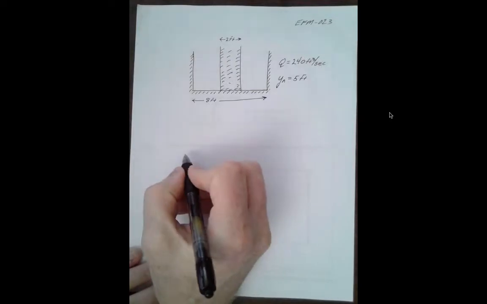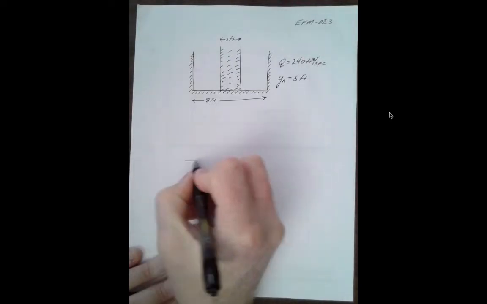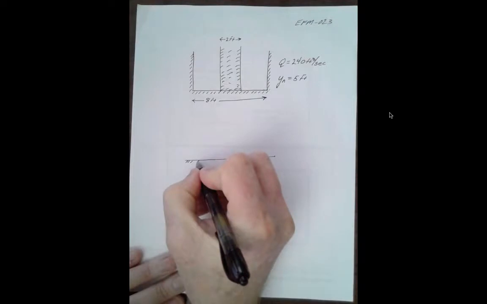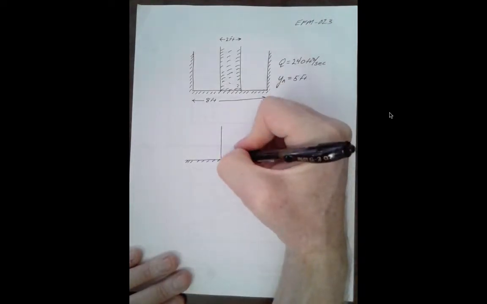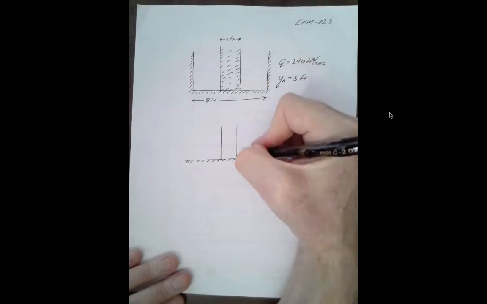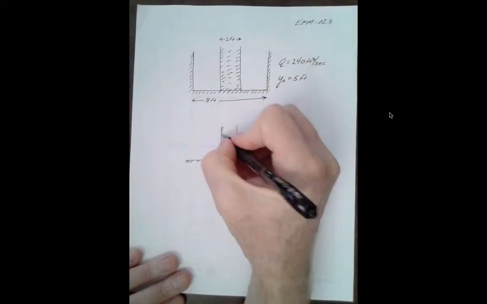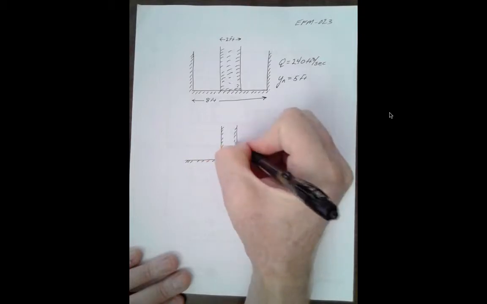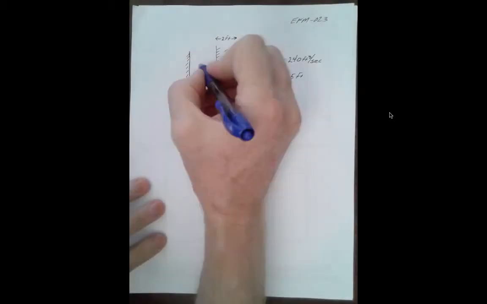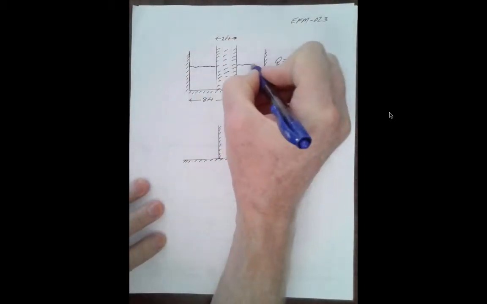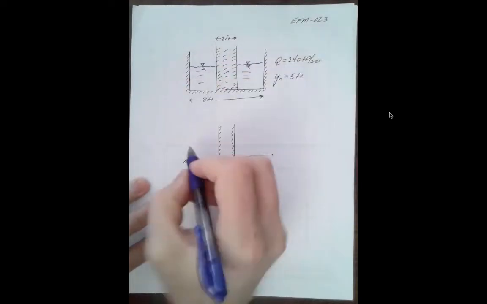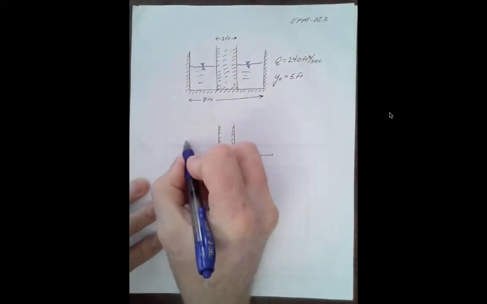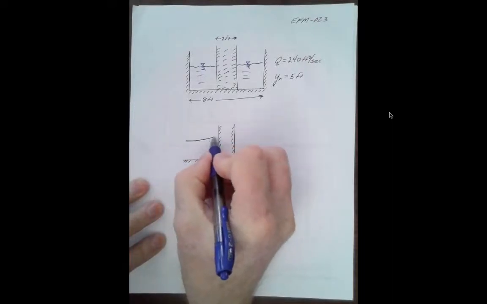There's the end view. Here's our elevation view. Here's the bridge pier. And we'll go ahead and introduce our water surface into the system. So here's the water flowing around the bridge pier. Its depth is unknown. And as the water approaches the bridge pier, it piles up.